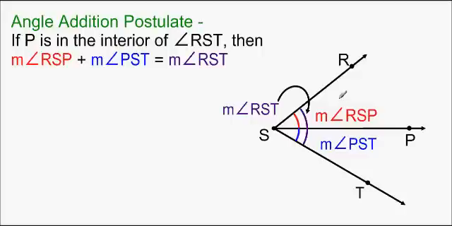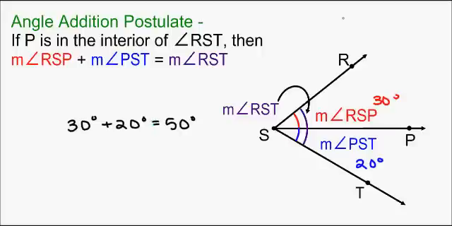So if I know that this little one is 30 degrees and this one is 20 degrees, then I can say 30 degrees plus 20 degrees equals 50 degrees. You can also move the opposite way to find the measure of a smaller one if you have a big one and the other small one.